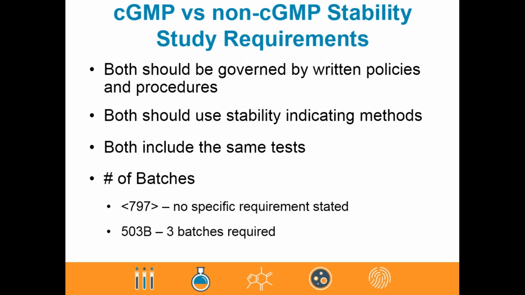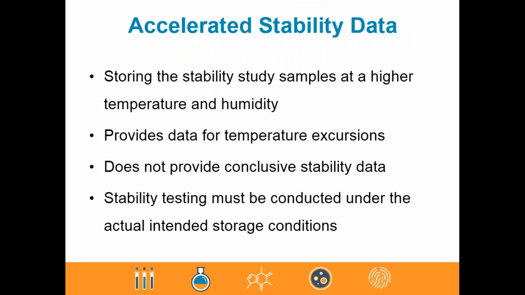As far as number of batches go, 797 doesn't have any specific requirements stated, as 503B does, with 3 batches being required. But 503A folks should take that into consideration, that is a requirement for 503B, and is there a good reason for that?